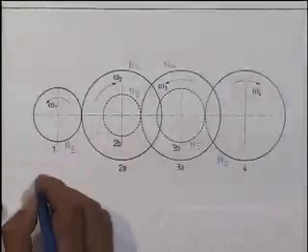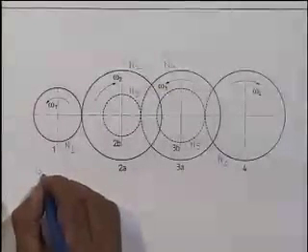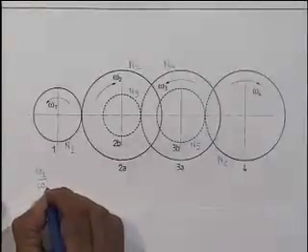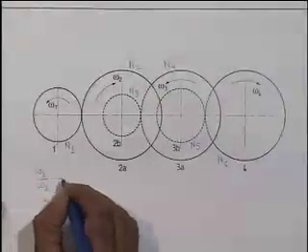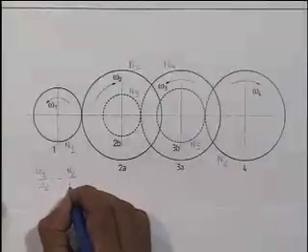Now here what I can write, omega 1 by omega 2 is minus N2 by N1.